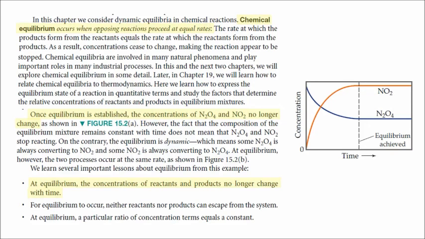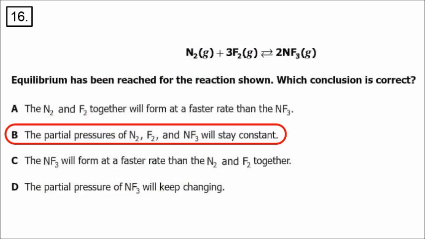Once equilibrium is established, the concentrations of the reactants and products no longer change over time. So at equilibrium, these concentrations or amounts of reactants and products stay constant. So the correct answer is B. The partial pressures of nitrogen, fluorine, and nitrogen trifluoride will stay constant.